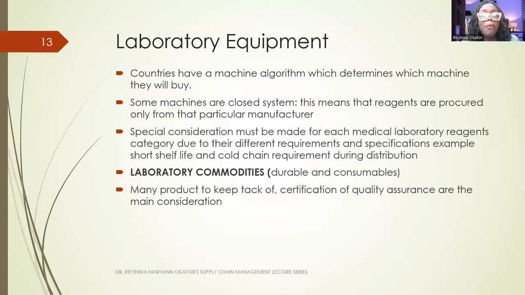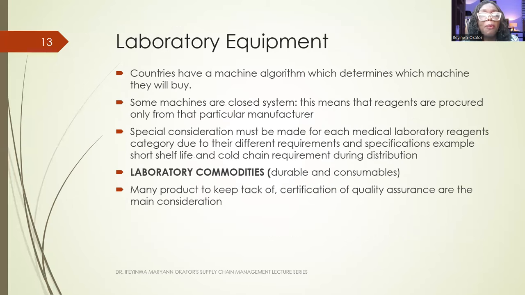Sole source occurs when there is only one source that can meet a specialized requirement. For example, when you have a closed system for any testing procedure, like CD4, it means that you must procure the reagent from that particular manufacturer. That is a sole source.